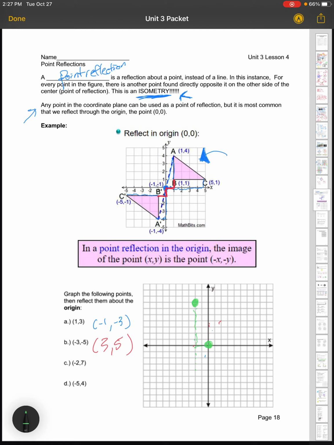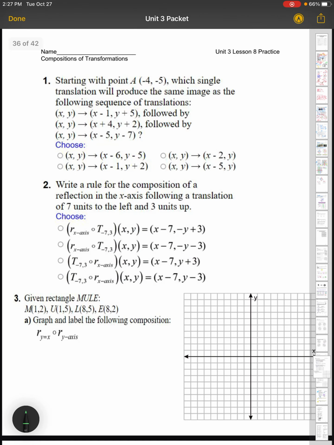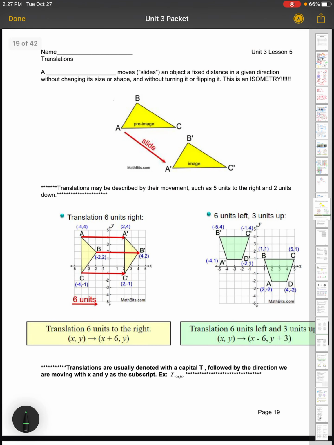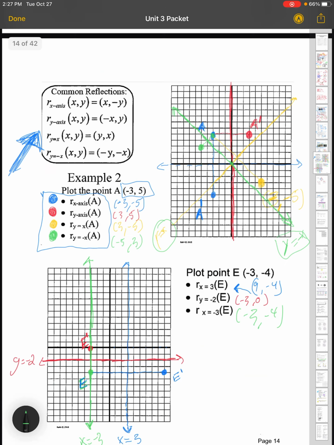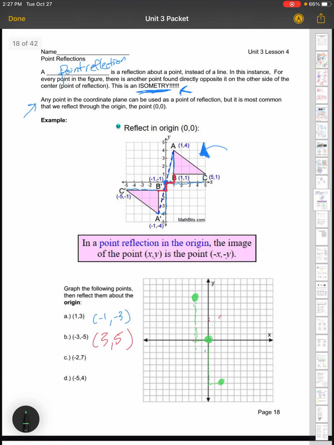So down 7 over 2. And again, always check to make sure it's directly opposite. So our new point is 2, -7.